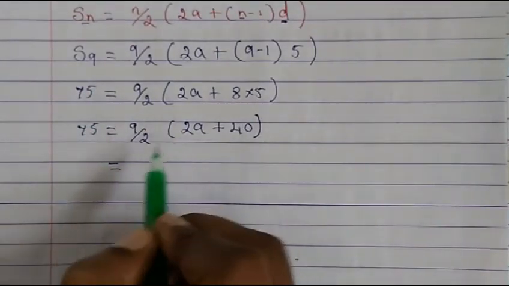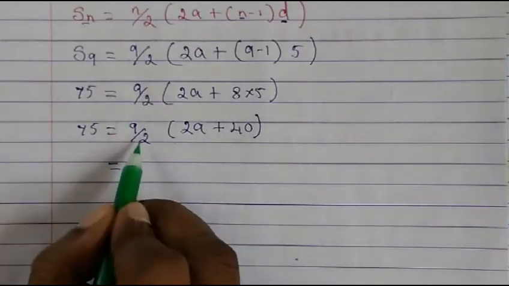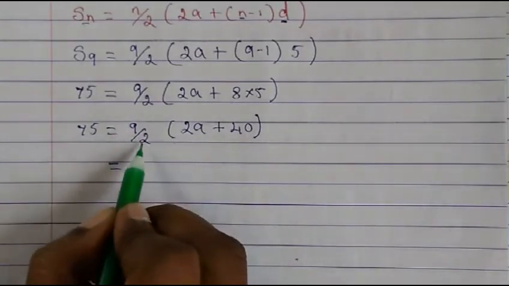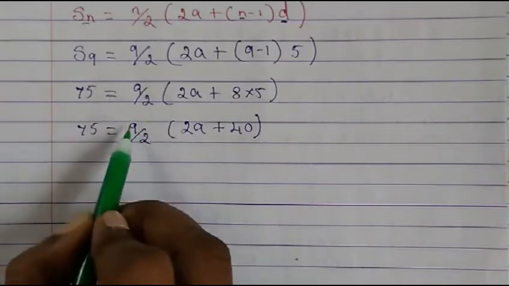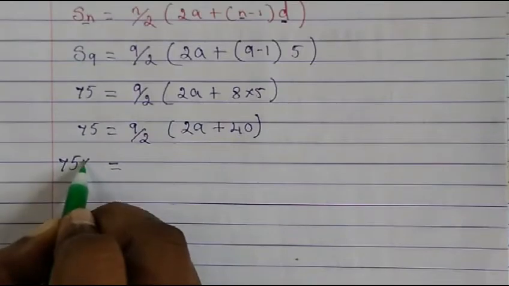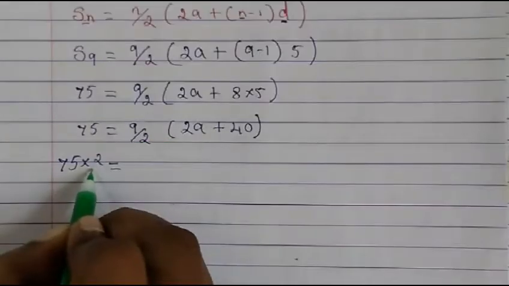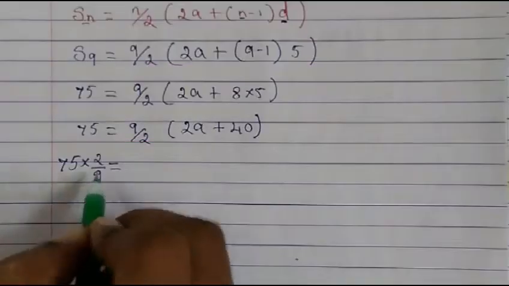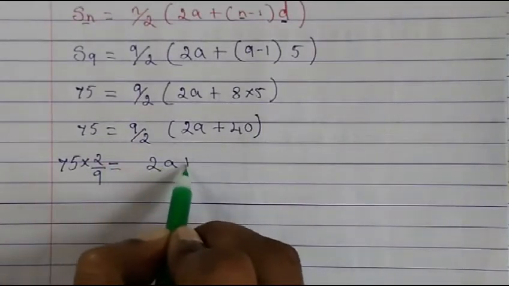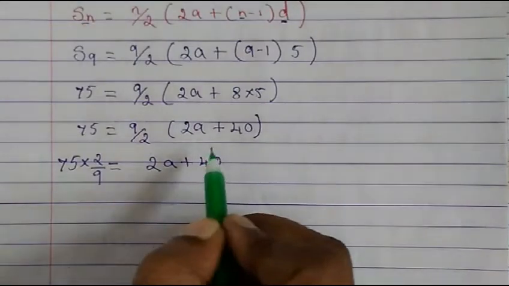So now we can bring 9 upon 2 to this side. When it comes here, this division will become multiplication and the multiplication will become division. So 75 into 2 will come up, 9 will come down. Then we have 2a plus 40.